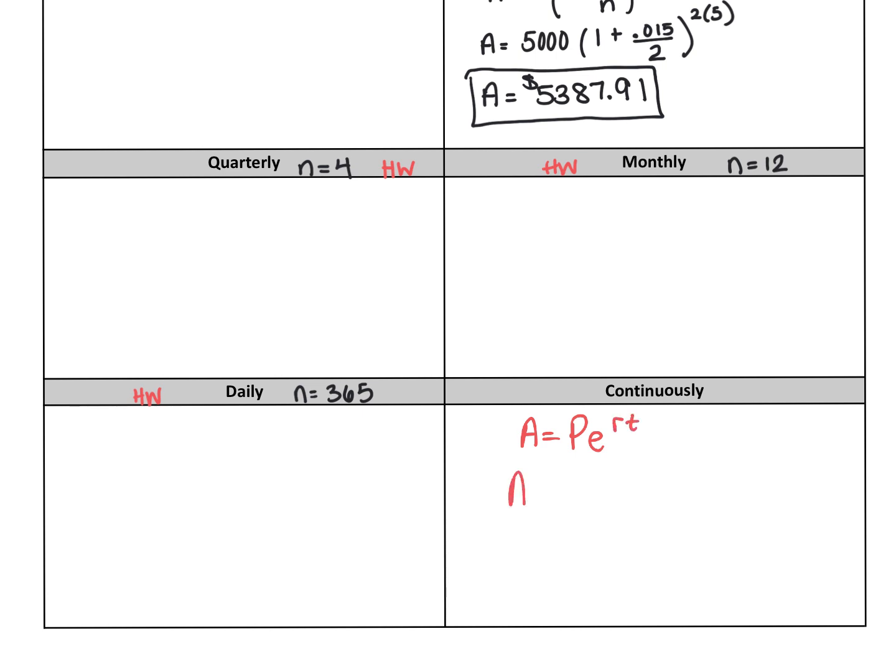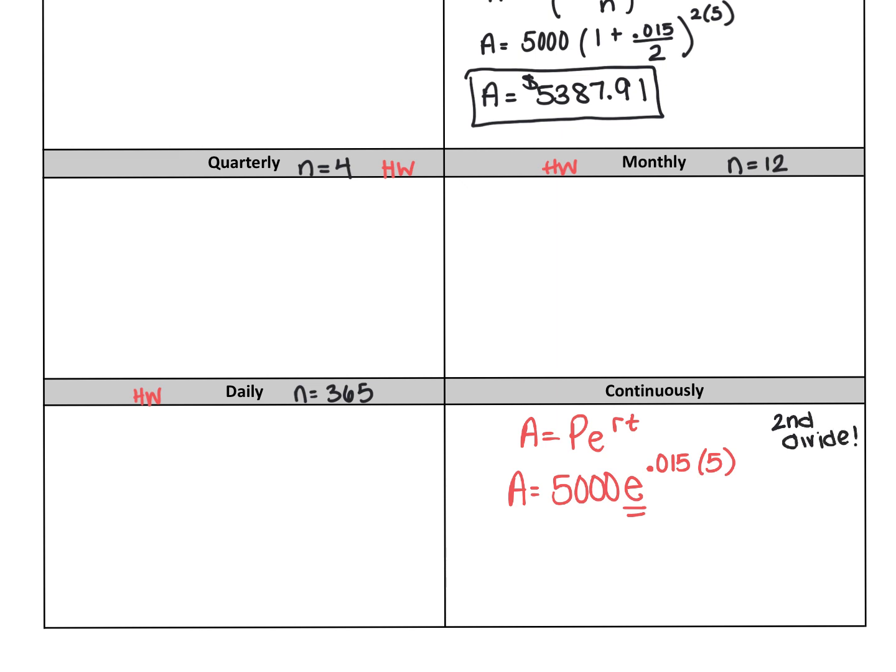P is still my initial amount, which is 5,000. e is a number on the calculator. I'll show you how to get to that. r is my rate, 0.015, and time is still 5 years. To get to this e in the calculator, you actually have to hit the second and the divide button.